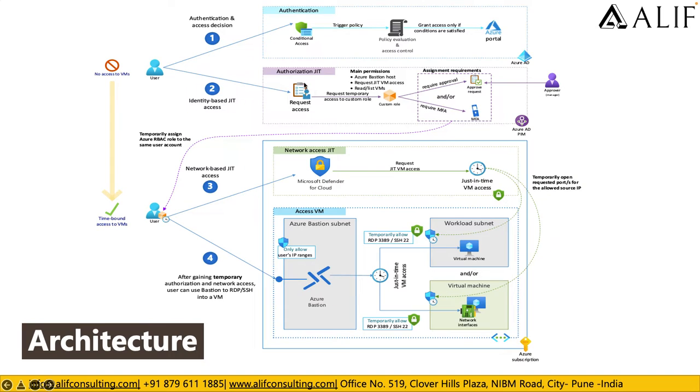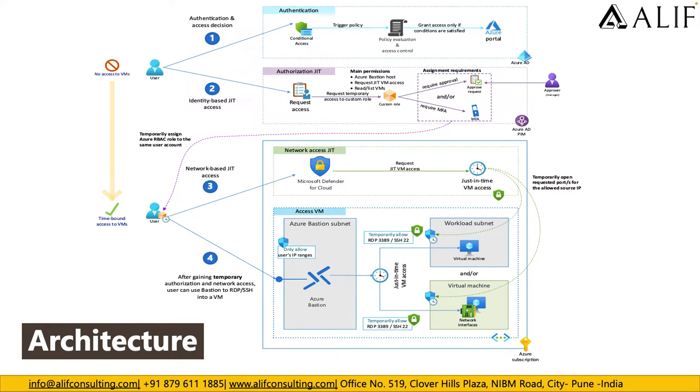Then you have JIT, just-in-time access, to approve the request for VM access, and then you have Defender for Cloud to provide the just-in-time access. Then you have Azure Bastion to get secure access to a backend VM, and in the backend you have all the VMs. So this is how your components are laid out and how it works.